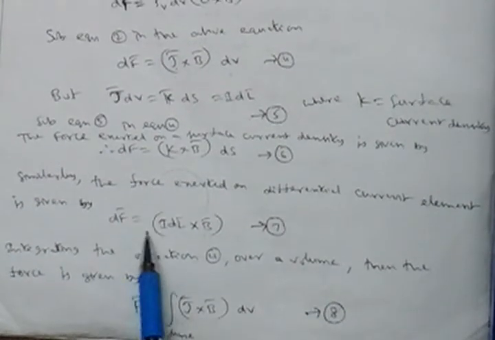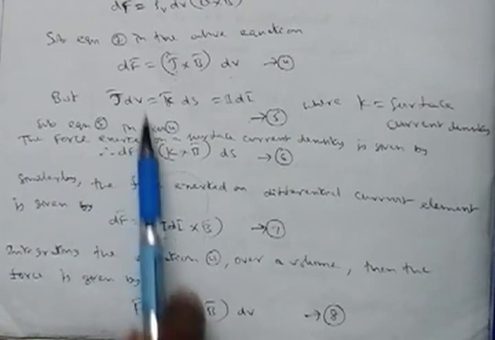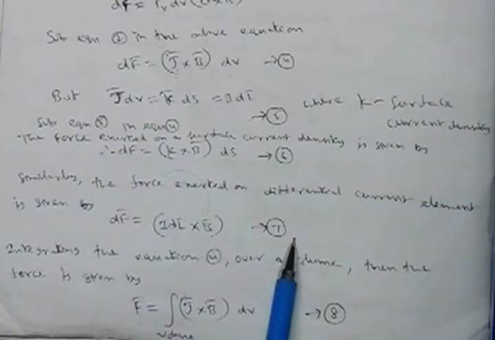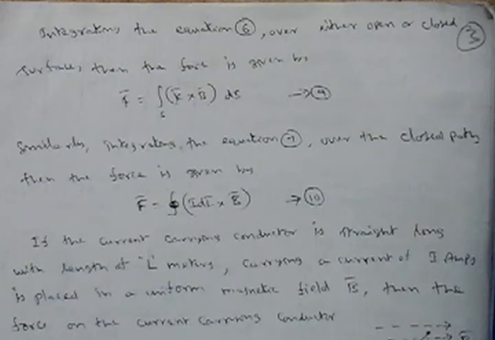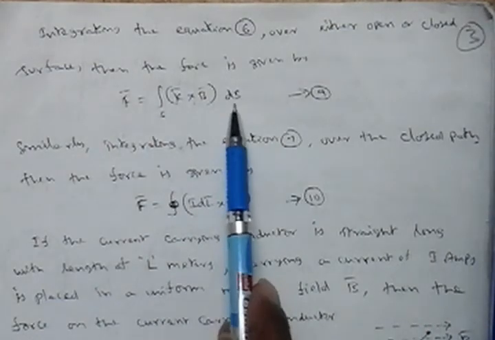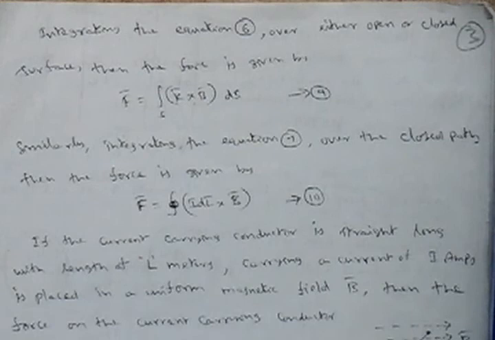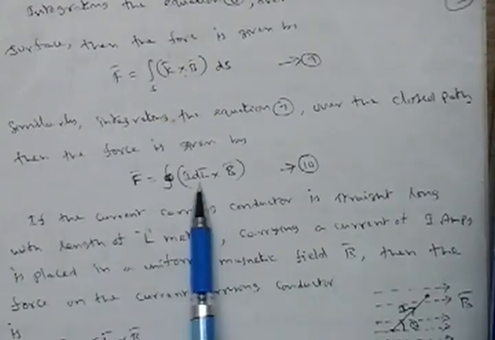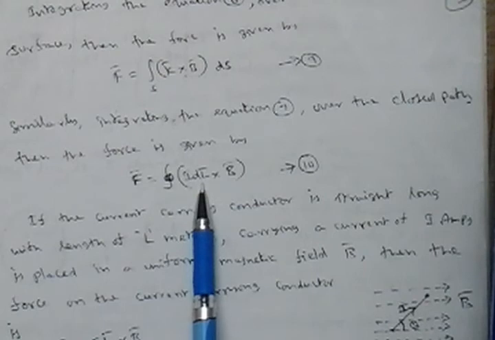If we integrate these three equations, that is equation 4, equation 6, and equation 7, we get the force due to convection current density J bar, the force due to differential surface area ds, and similarly the force due to differential length dl. All these three equations are different.